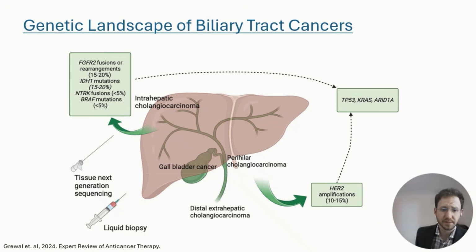And just one thing to note for these is that often, I'd be encouraging both liquid biopsy and tissue sampling. And some of that is to ensure that RNA sequencing can be done to make sure that we're identifying at a high enough sensitivity those FGFR2 fusions and chromosomal rearrangements.